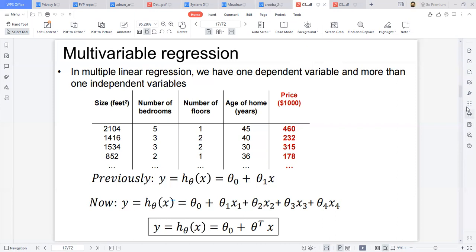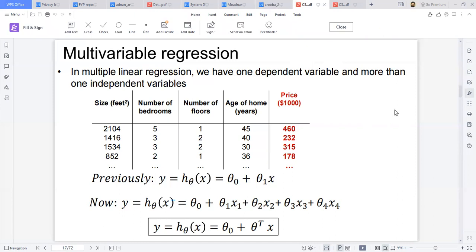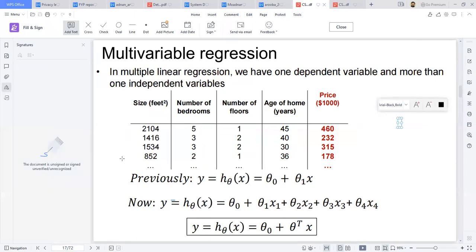No, it's something else. Try the right side, left side. Yeah, also there is a pen. Try this. Yeah, this is also some signature, but different. This one, no, not good.